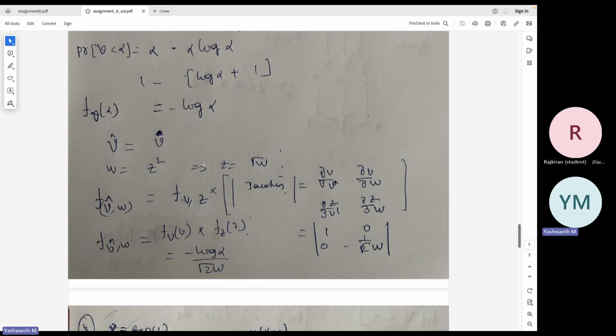What is the Jacobian? You differentiate with respect to V hat, that is 1, and V hat is not a function of W, so that will be 0 here.